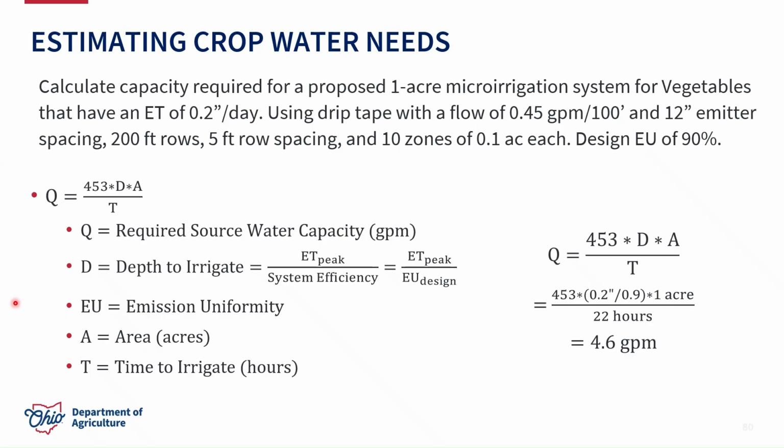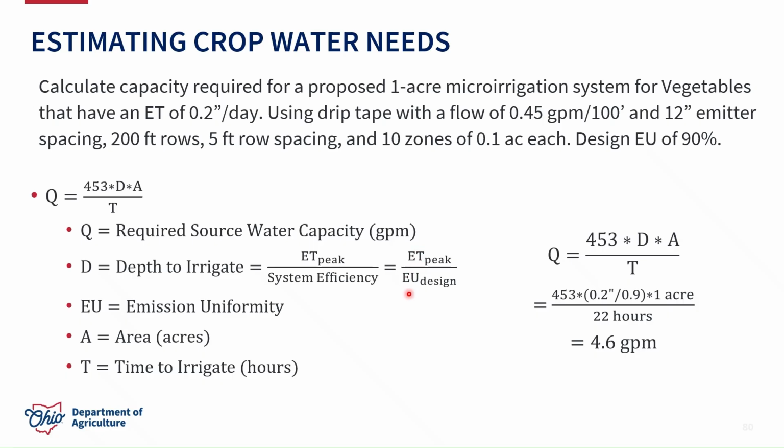So we can take the equation here to calculate the required water source capacity in gallons per minute. We can take 453, which is just a conversion factor, right? This is just kind of a rough estimating calculation, times our depth to irrigate, right? So how much water do we need to apply to the field? Well, we need to apply our peak ET divided by the efficiency of our system.